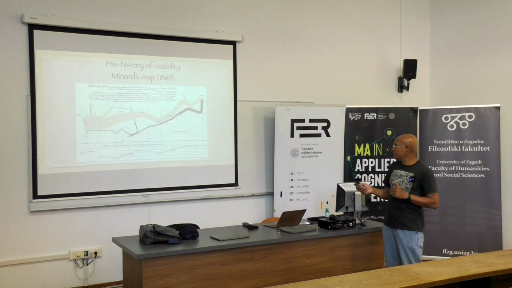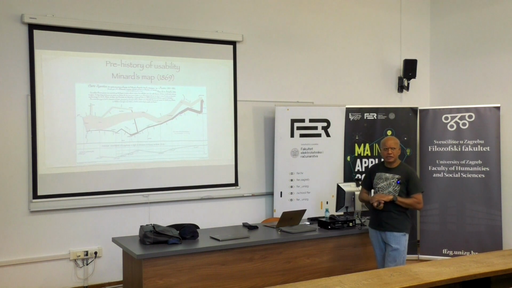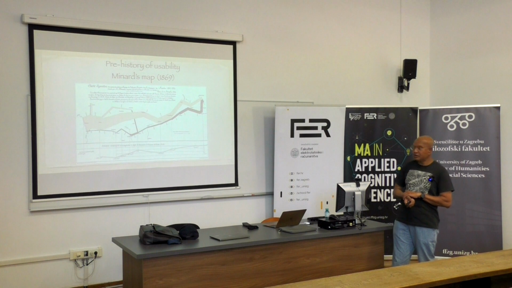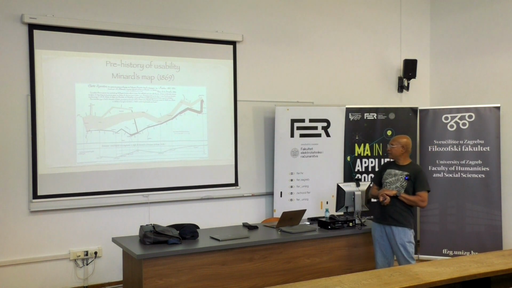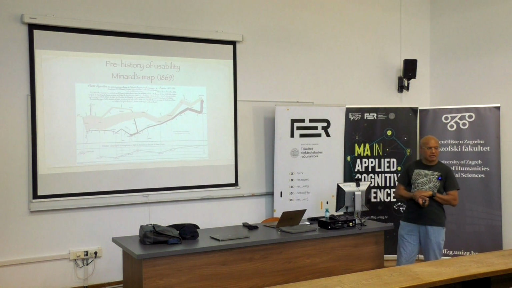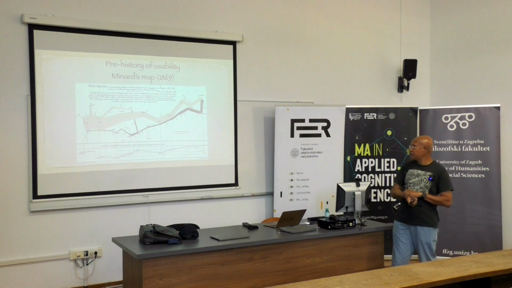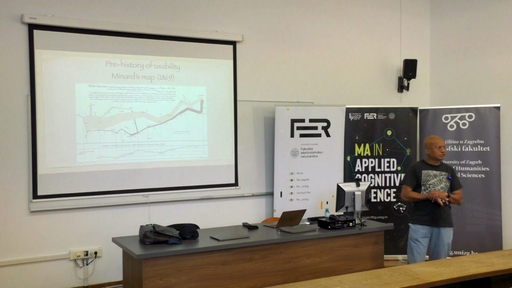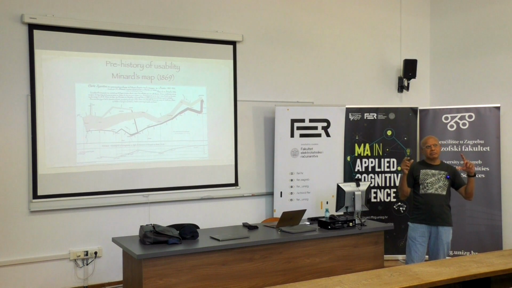I will go through these very quickly. There's a very classic map by Minard, a French cartographer, from 1869. It is a map of Napoleon's march into Russia and retreat. It is considered a very classic example of good design.